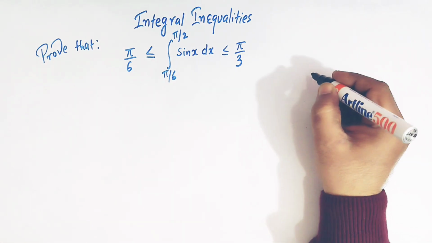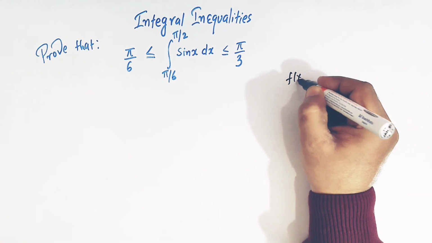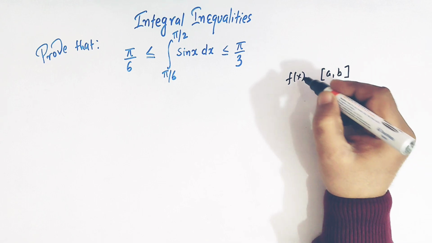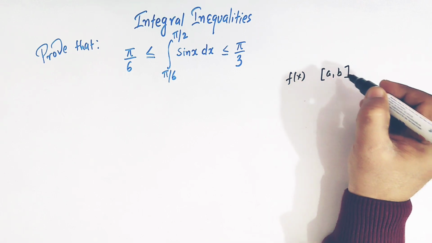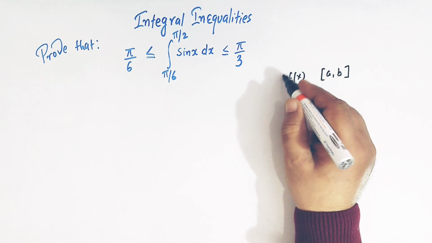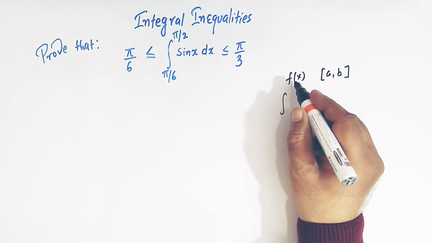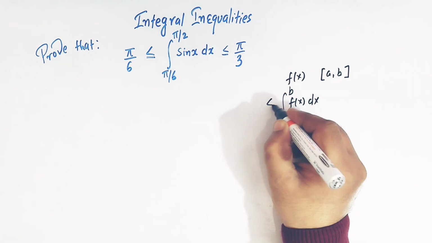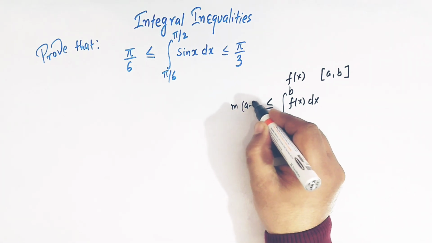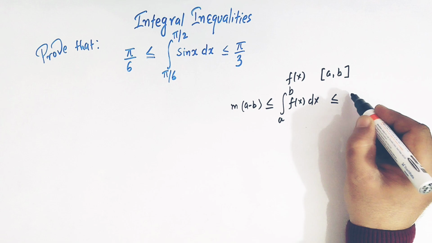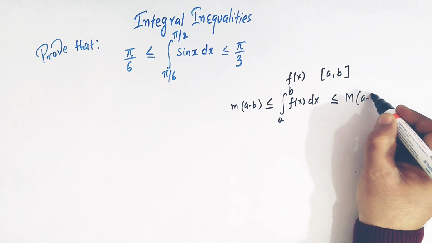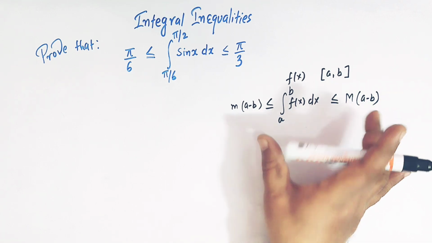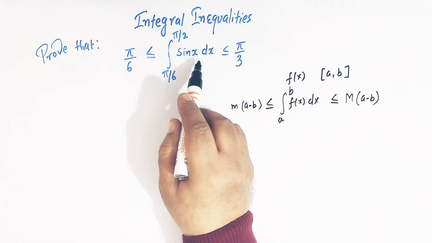The result says that if we have a function, say f of x, which is defined in some interval a comma b, and this function f of x is continuous in this interval, then the integral from a to b of f of x dx lies between m times (a minus b) and is less than or equal to capital M times (a minus b). This is the integral inequality which is to be used to prove this problem.